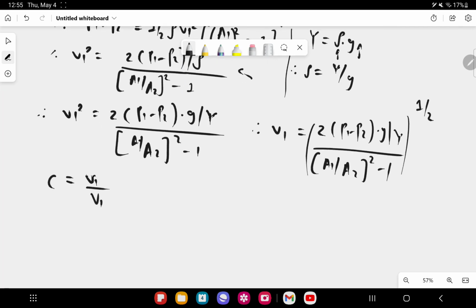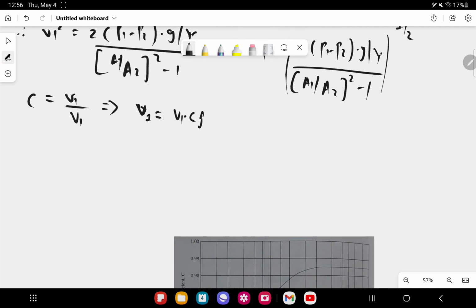Therefore, the actual velocity, lowercase v1, is equal to V1 times C, where C is the discharge coefficient. Now, it does beg a question of how to determine the value of C.